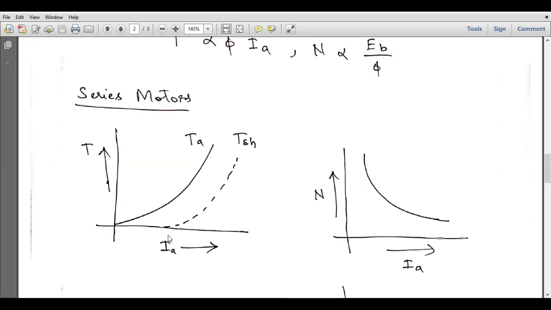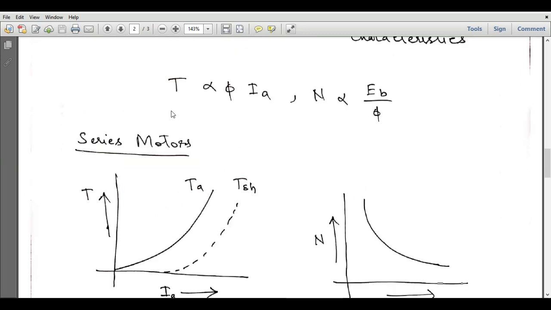So Ia is equal to If, and we know that T is proportional to flux multiplied by Ia, and flux is proportional to field current If, and If is equal to Ia. So torque is proportional to Ia square. That's why we are getting a parabolic curve of the torque in series motors, right? Because torque is proportional to Ia square.